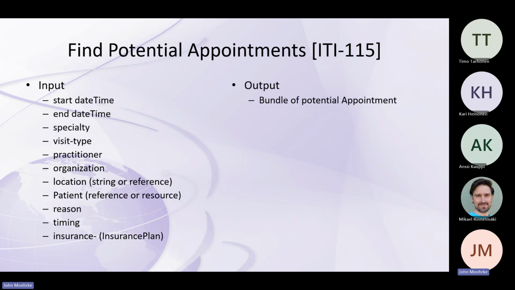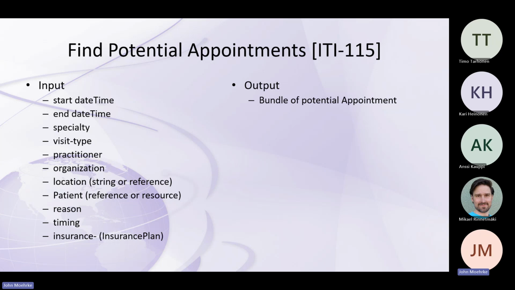Patient is passed in as either a reference or a resource. And the reason for the difference here is it's possible that this patient is not known at the service endpoint.